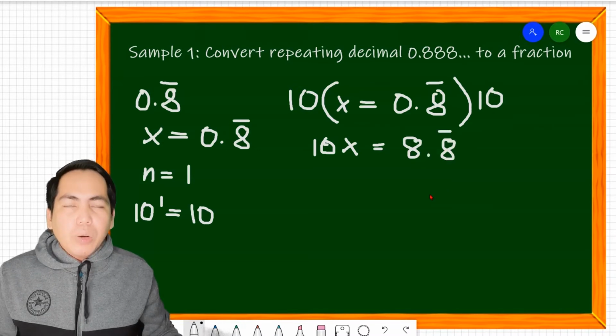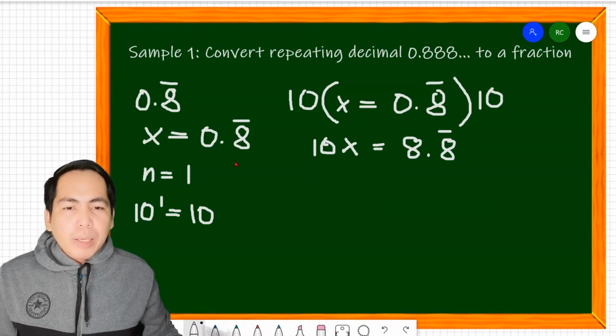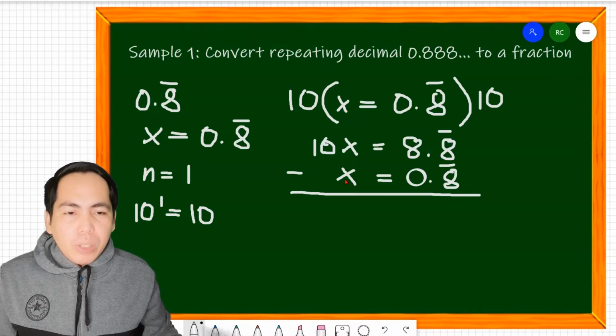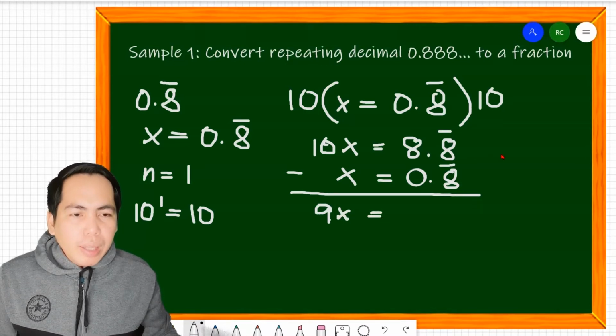After that, we are going to subtract the second equation by the first equation. So minus x and minus also 0.8 bar. So 10x minus x, or 1x, is equal to 9x, is equal to 8.888 minus 0.888, which will give us 8.